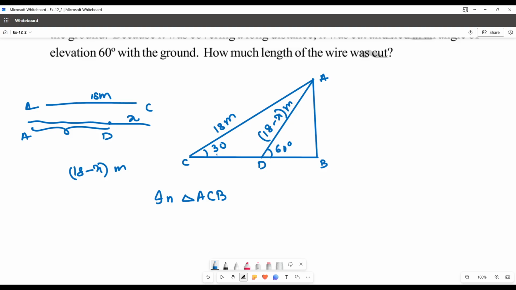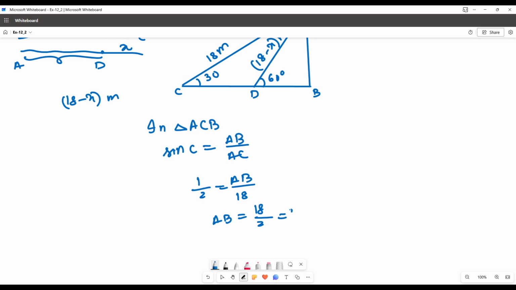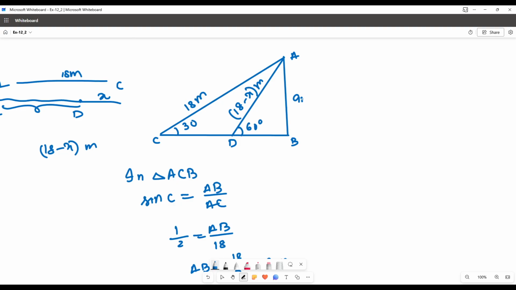So this would be sine. Sine C is equal to opposite side AB over hypotenuse AC. Sine 30 is equal to 1 by 2. So 1 by 2 is equal to AB over AC, which is 18 meters. So AB is equal to 18 by 2, that is 9 meters. So we found the length of the tower, that is 9 meters.